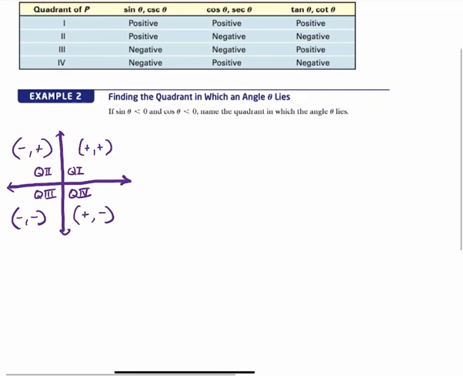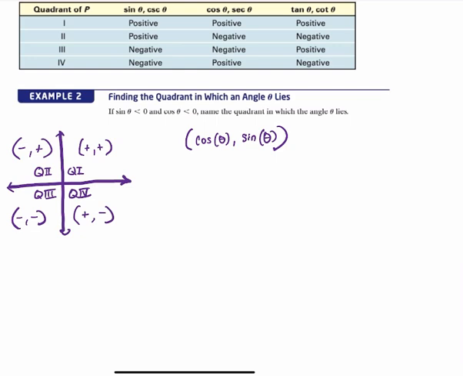It says if sine is negative and cosine is negative, name the quadrant in which the angle lies. So keep in mind, a coordinate point is the cosine as the x and the sine as the y, if we're on the unit circle.